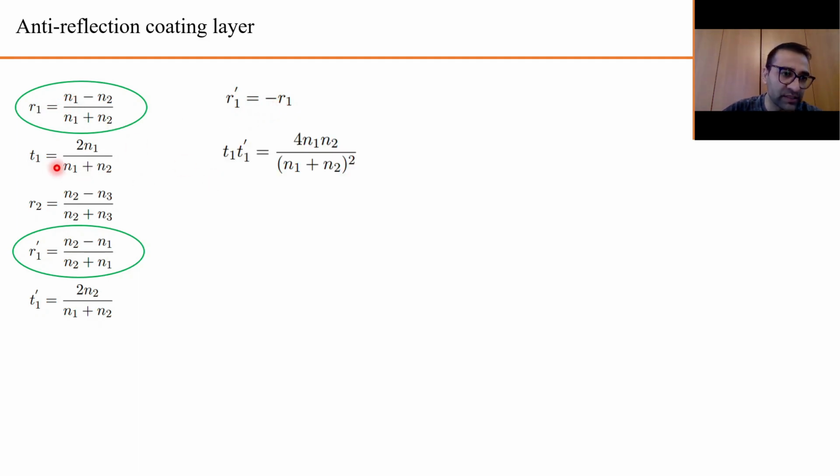And if I just multiply this T1 by T'1, I will have 4n1 n2 divided by n1 plus n2 to the power of 2, right? And if I calculate the square of this R1, r1 squared will be n1 squared minus 2n1 n2 plus n2 squared, and the denominator will be n1 plus n2 squared, right?